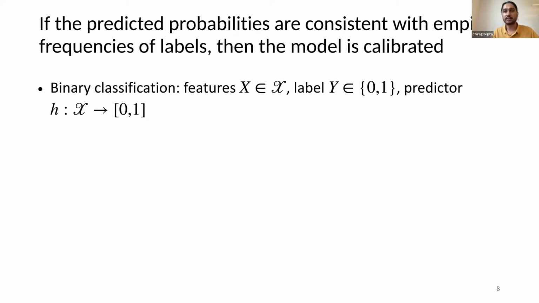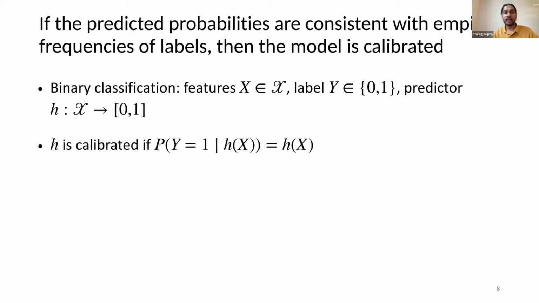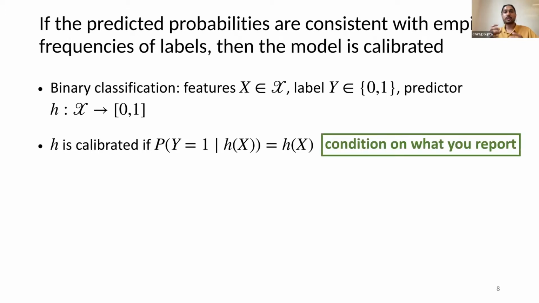Then this predictor is said to be calibrated if when a particular score h(x) is reported, then on all those instances, the probability of y equals 1 is also h(x). So you condition on what you report, and then you check whether, on the instances where this particular report was made, the label distribution was consistent. In this case there are just two labels, so you just look at the probability of y equals 1.